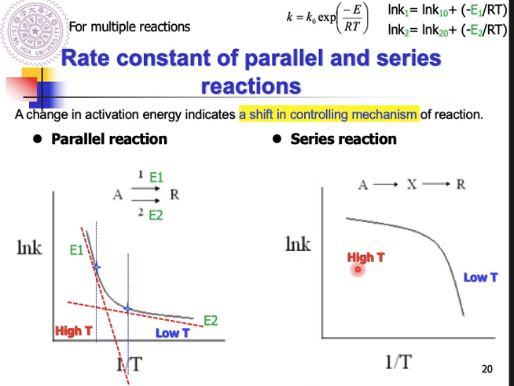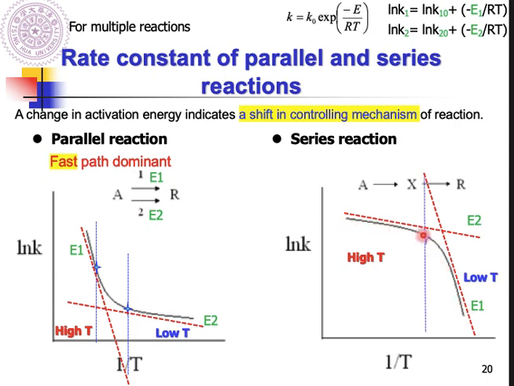In the other case, after measuring log K at different temperatures, you get this kind of curve, with a low temperature region and a high temperature region. After fitting, you fit it with reaction 2 and reaction 1. Here, reaction 1 has a higher activation energy than reaction 2. This is our experimental observation.